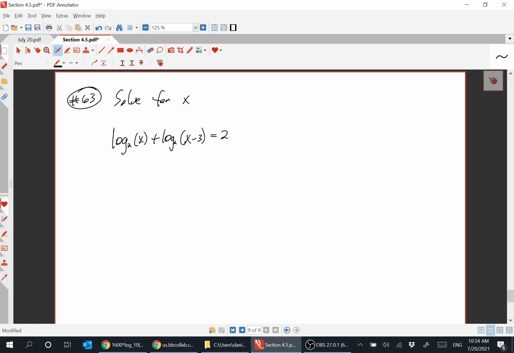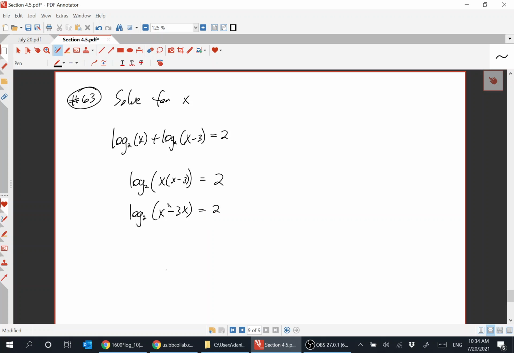Okay, so similar to the problem that we just did, you can take the sum of the two log base 2's and multiply their arguments. So this becomes log base 2 of x times x minus 3 equals 2. So log base 2 of x squared minus 3x equals 2.